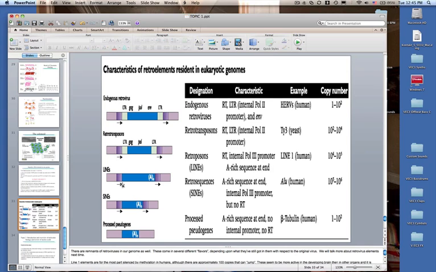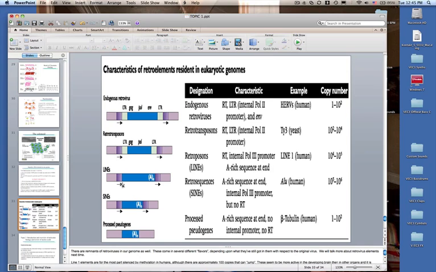So here, with the endogenous retroviruses, just a little retroviral info. The GAG are some of the structural proteins.